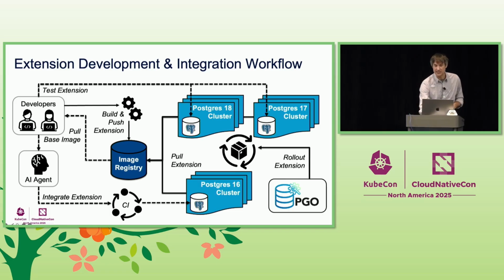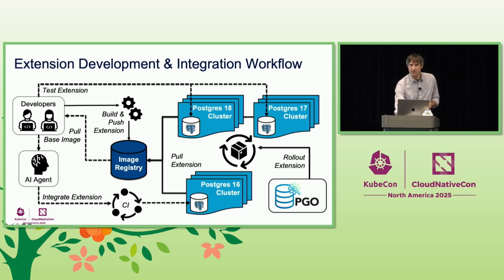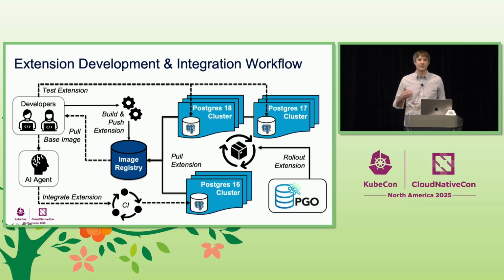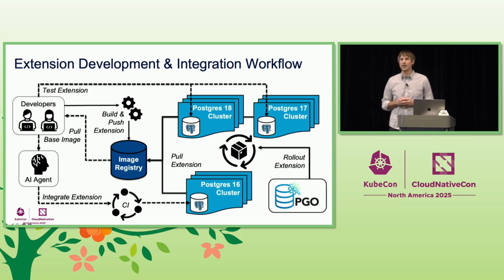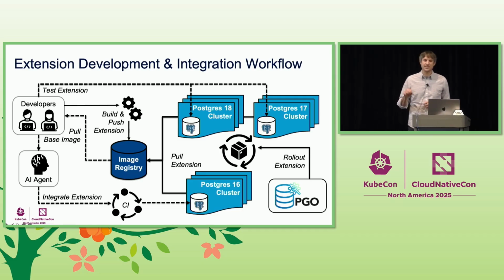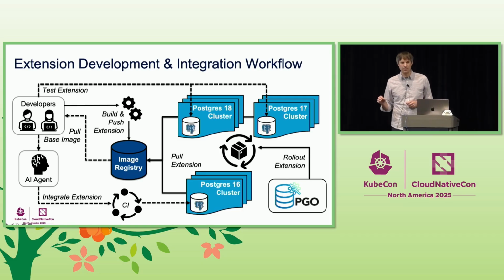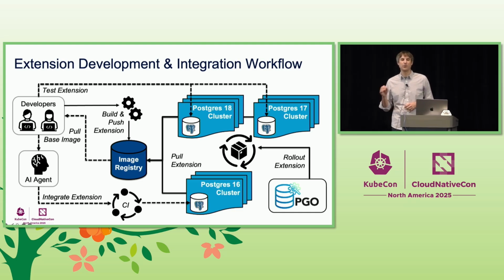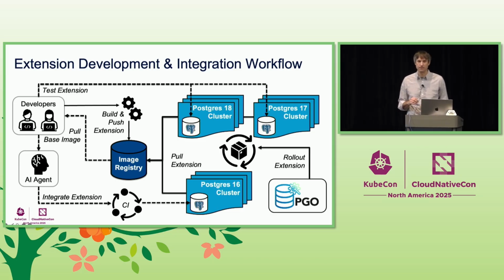And once the extension has been built, it can then be pushed to an image registry, which is what you see in the center of the screen, where it can then be rolled out to the various Postgres clusters being used for development. And thanks to the Postgres operator handling the rollout, we can again avoid some of the challenges and complexities often associated with installing an extension in a running Postgres server.